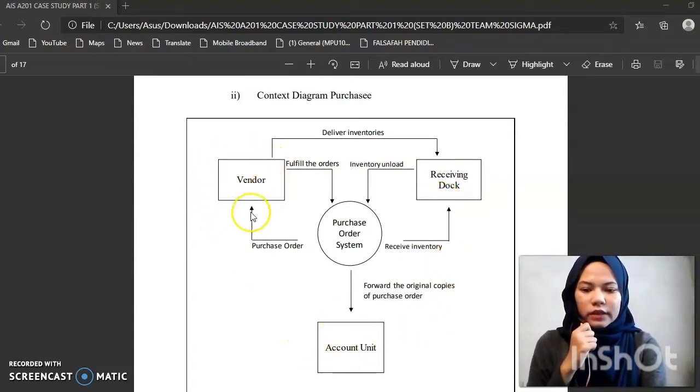The vendors receive purchase order from the purchase order system and fulfill the orders. And then, the vendors deliver the inventories to the receiving docs. The receiving docs receive the inventories and unload the inventories. And then, it forwards the original copies of purchase order to accounts units.